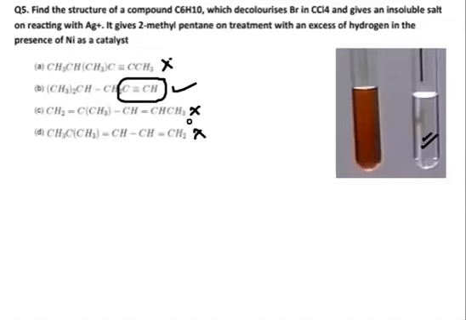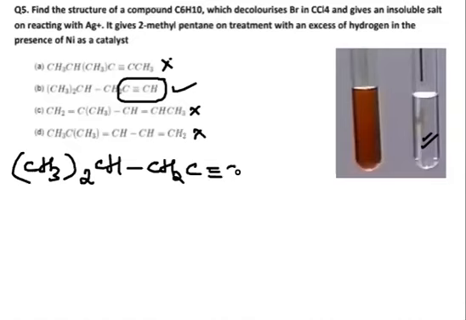So I'll write the equation for option B based on decolorization with bromine and CCl4. It will be (CH3)2CH, CH2, C triple bond CH.